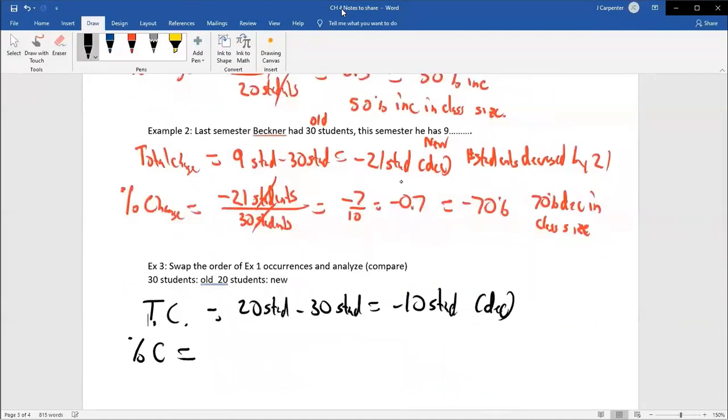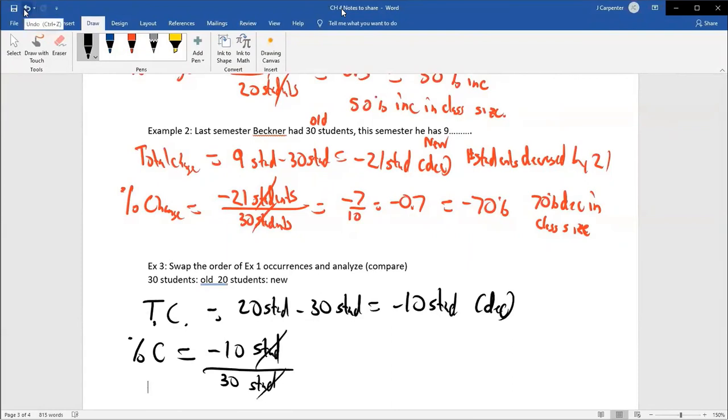The percent change, scaling the total change of negative 10 students to the original, which was the 30 students originally. I was looking at that wrong because of the spacing. 30 students originally.